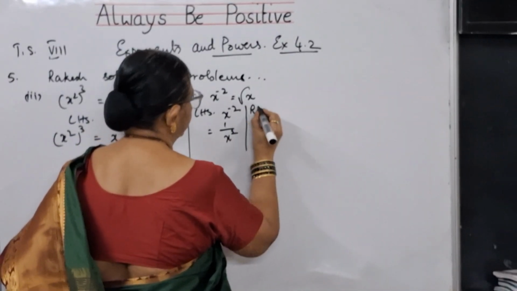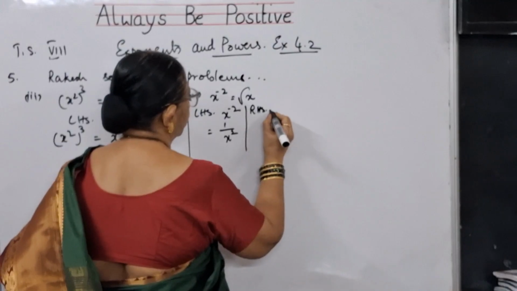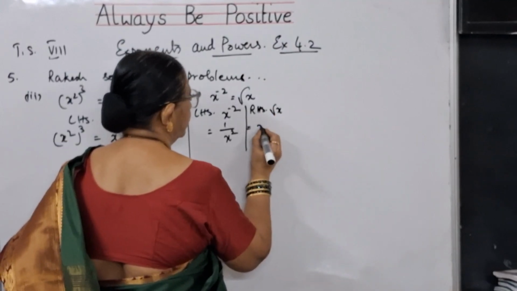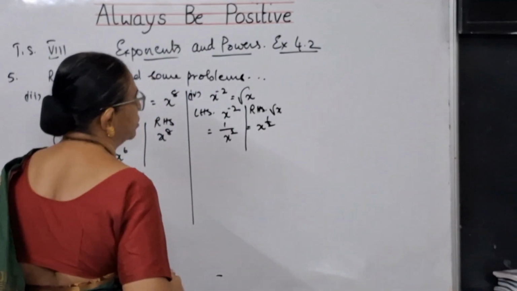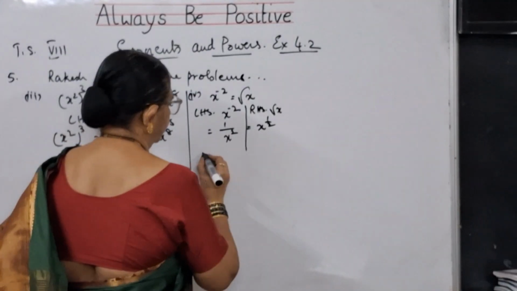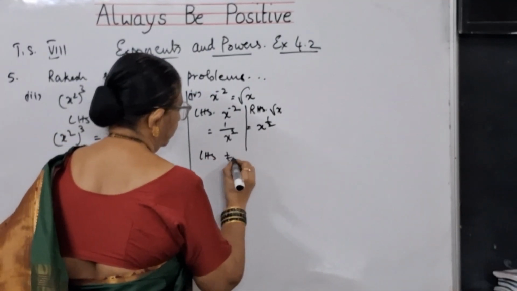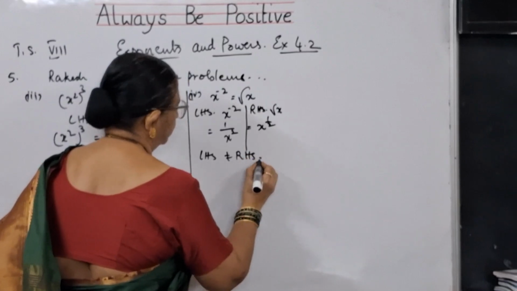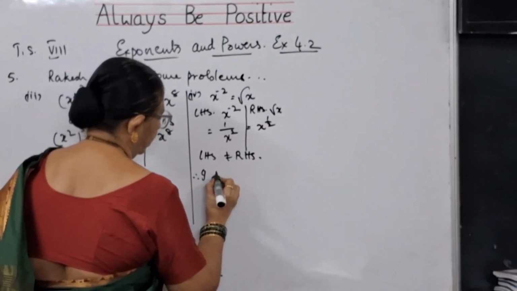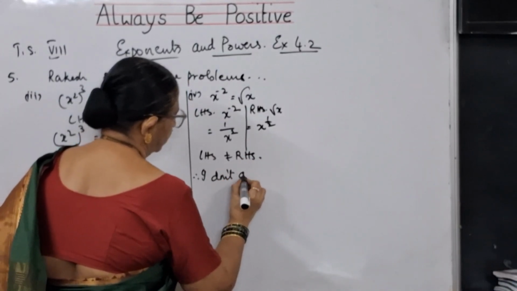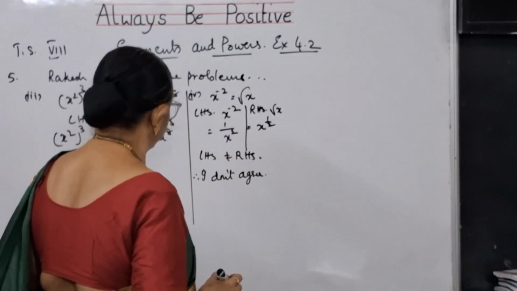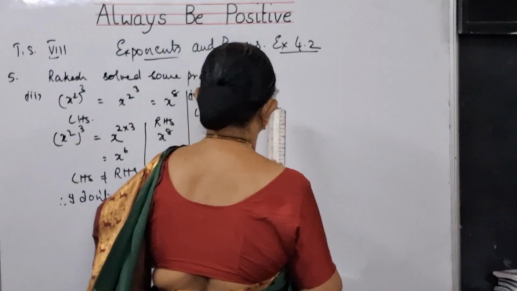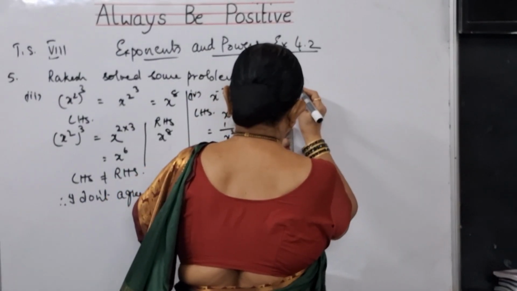Now RHS, root x can be written as x to the power of 1 by 2. Square root means x to the power of 1 by 2. So LHS is not equal to RHS. Therefore, I don't agree. This is not a correct answer. So this is fourth one, children. Now we'll go to the fifth bit.